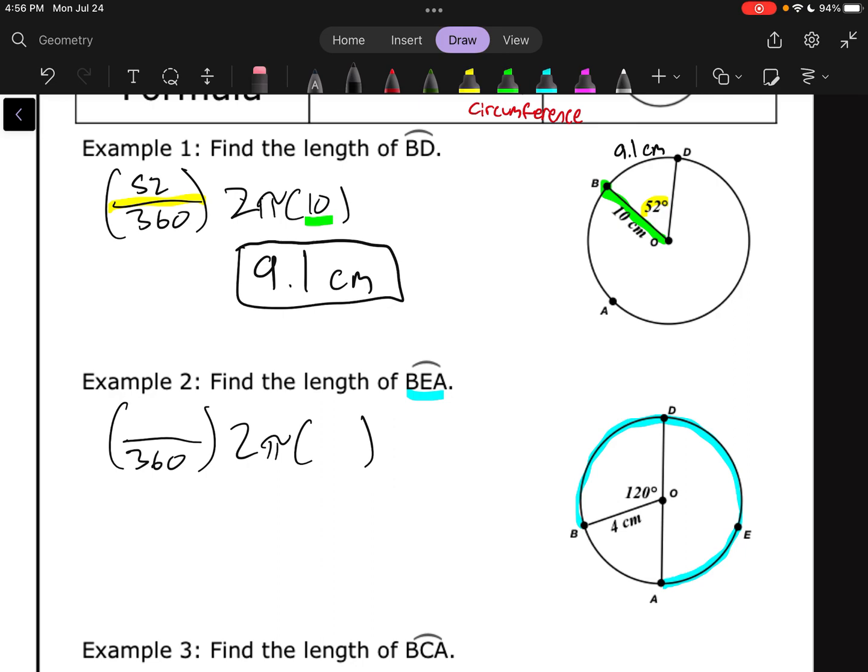Well, a couple different ways we could find it. I mean, we know that from B to D is 120 degrees, and we should know that this whole side is 180 degrees. So if I do 120 plus 180, I get 300. So I'm going to do 300 over 360 times 2 times pi times 4.